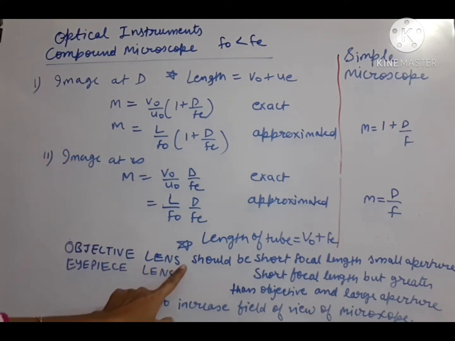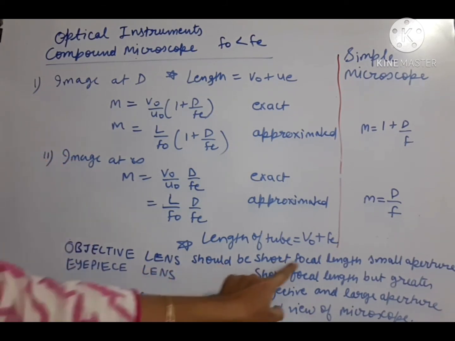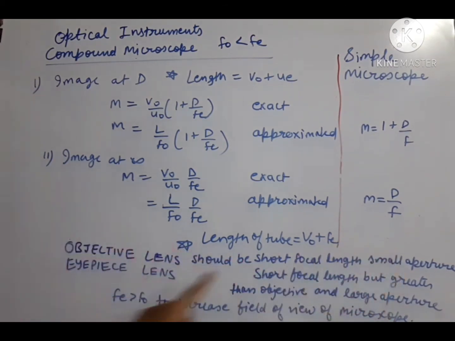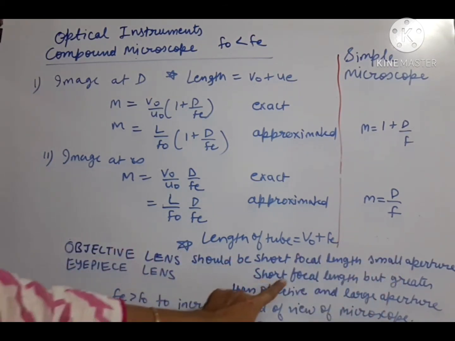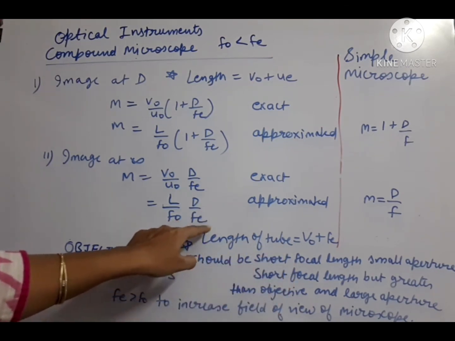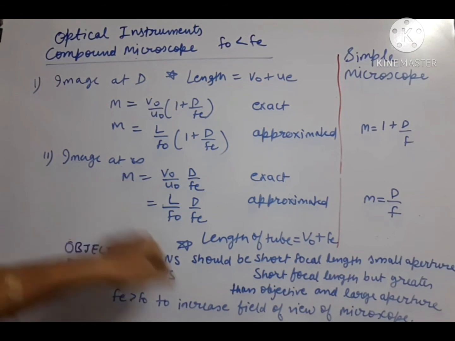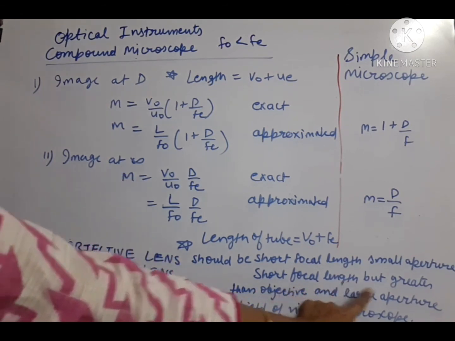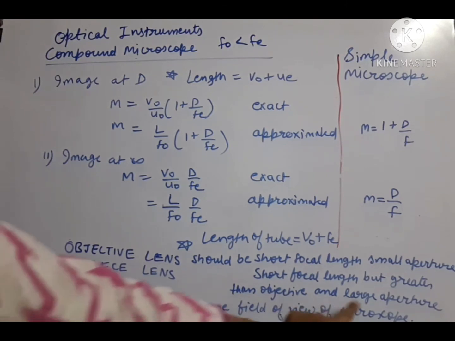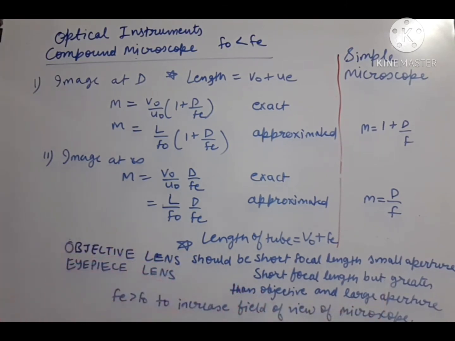Objective lens should be of short focal length and small aperture. Remember this point. And eyepiece lens should also be of short focal length. Okay, we know that this should be also small so that magnification is greater. It should also be of short focal length but greater than objective focal length. And aperture wise it should be large aperture.